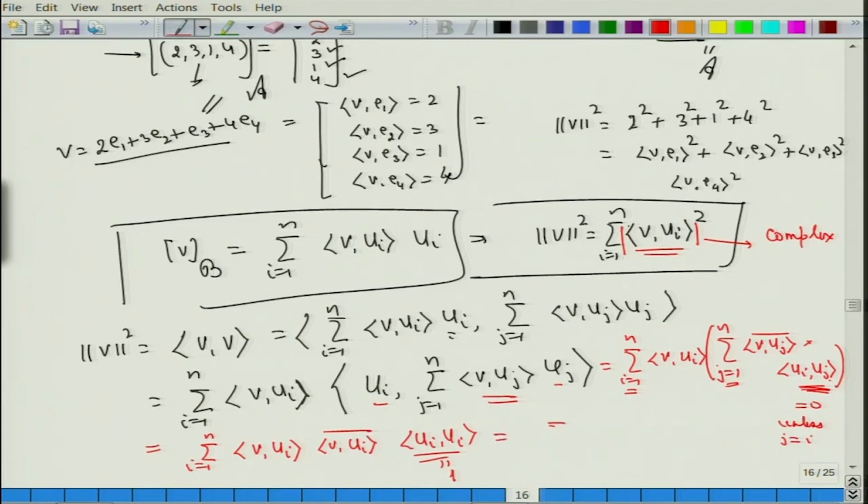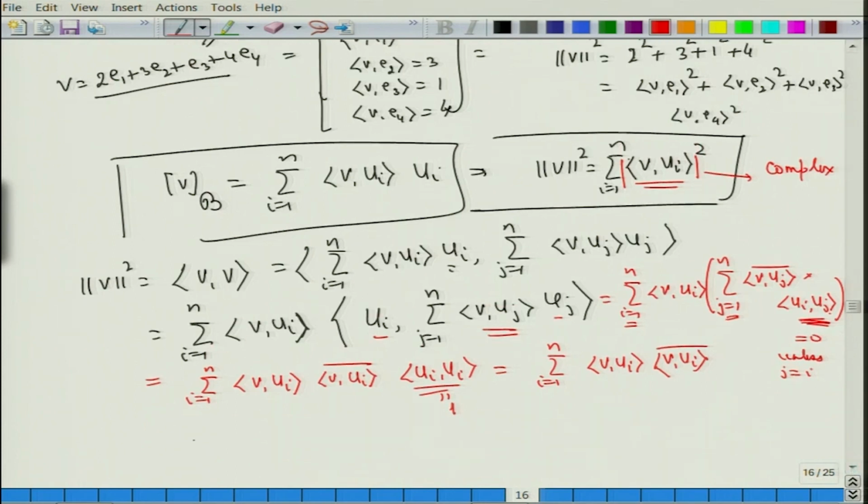So I am left with the sum for I equal to 1 to n of v comma ui and v comma ui bar, the complex conjugate, and therefore this is the same as the sum of the absolute value of v comma ui, squared, because z bar z is nothing but mod z squared, for any complex number z.